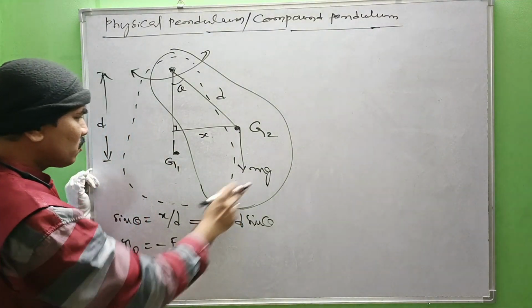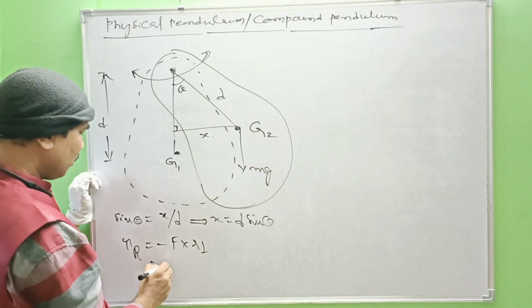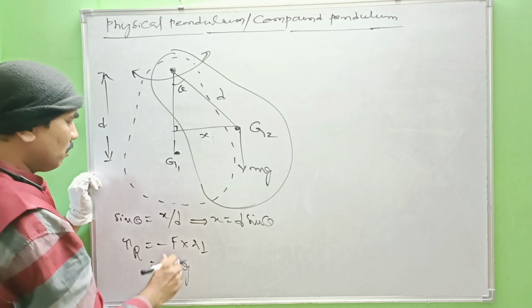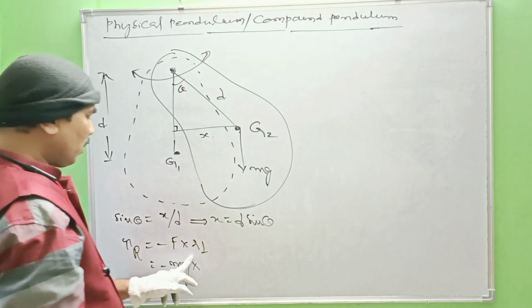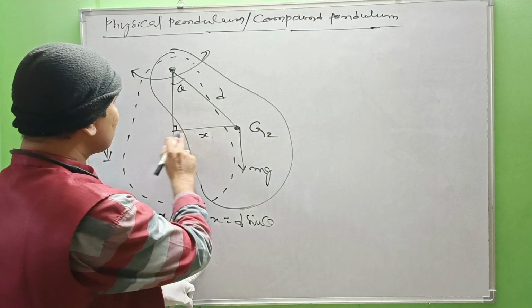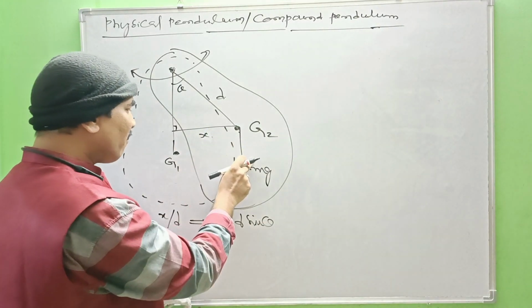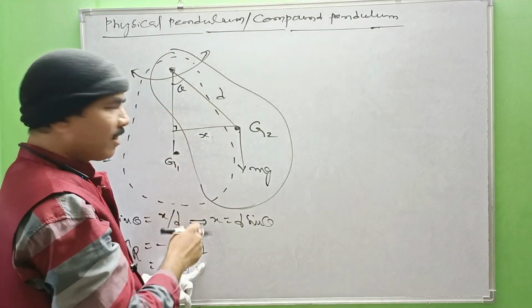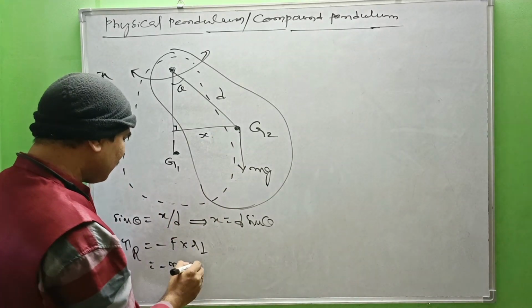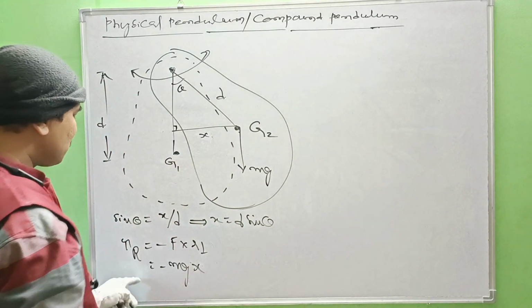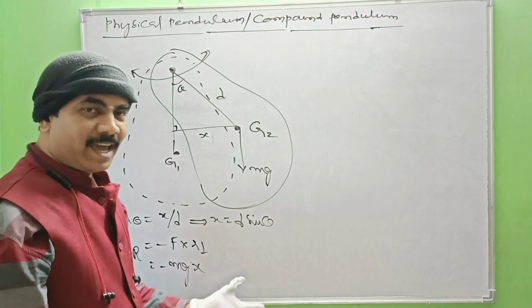So F is minus mg into the perpendicular distance, that is the normal distance of weight from the vertical, x. So tau restoring equals minus mg into x.